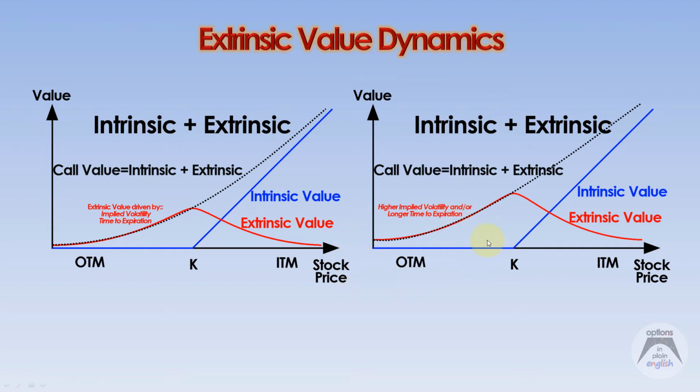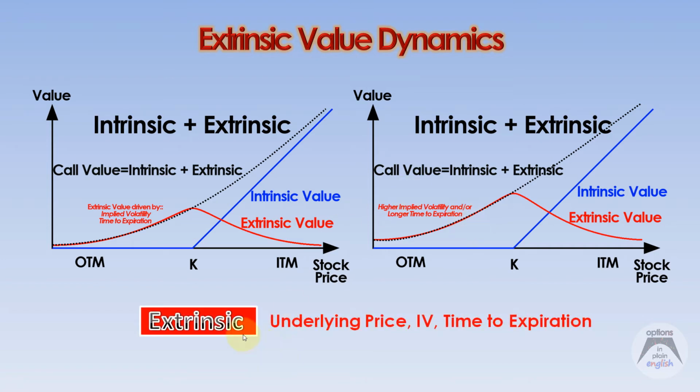So the thing that's important to notice here is that extrinsic value is determined by where the underlying price is with respect to the strike price. We saw that here already, but also by implied volatility and time to expiration. So if we have a longer time to expiration or a higher implied volatility, as you can see, I hope it's noticeable here, the curve, although the same basic shape, is different in the sense that it's higher, it's bigger, it's larger.